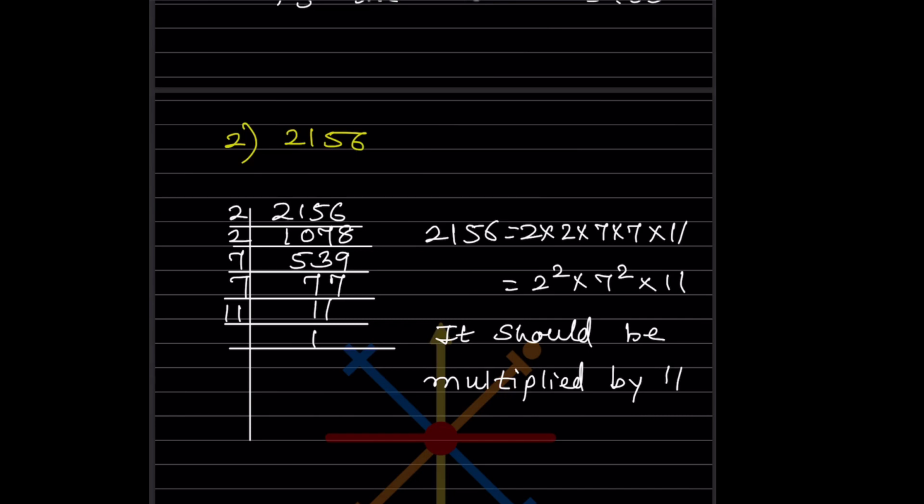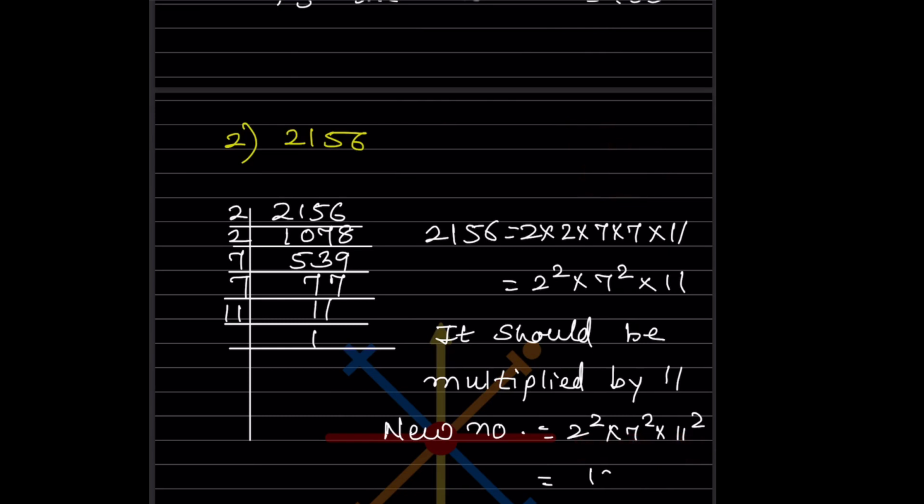So now what will you do here? So new number will be 2 square into 7 square into 11 square. So now you have to multiply this one. 2 sevens are 14 and 14 elevens are 154.